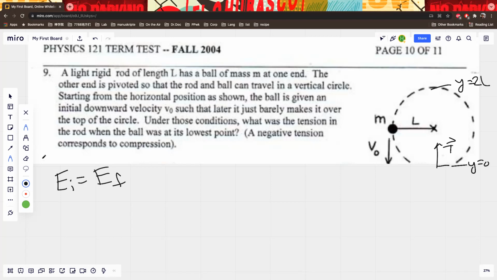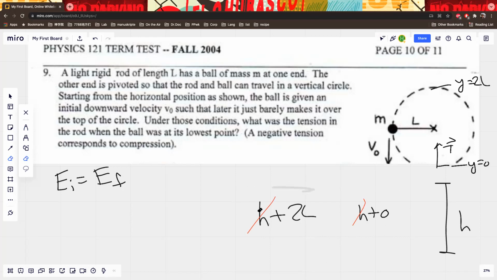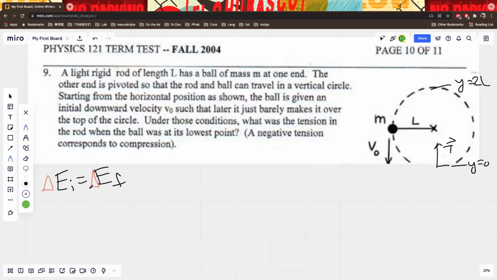Actually, it's probably better to do change in energy equals 0, because this circle, the whole thing could be up a height h off the ground, and we don't actually know the absolute energy. All we know is the change in energy. So if I had h, then I would have h plus 2L at the top and just h plus 0 at the bottom. And when I do the difference, the h's are going to cancel out. I think you can write total momentum, but for energy, I think it's better to just do change in energy.